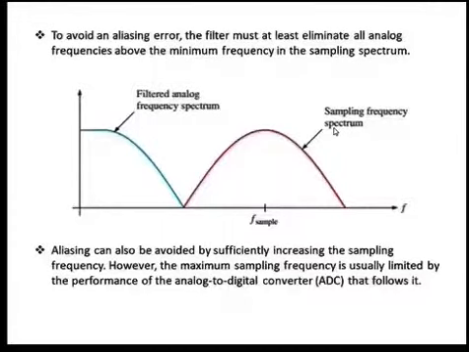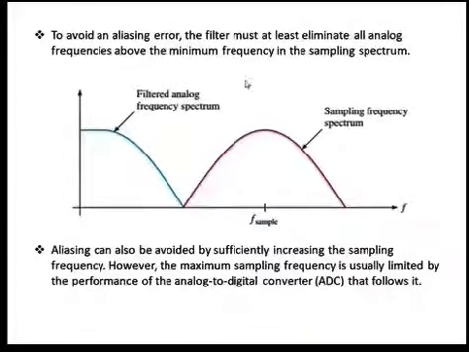So how can we avoid an aliasing error? The filter must at least eliminate all analog frequencies above the minimum frequency in the sampling spectrum. After filtering, you can see that this blue line shows the filtered analog frequency spectrum, and this is the sampling frequency spectrum. So now there is no overlapping area.